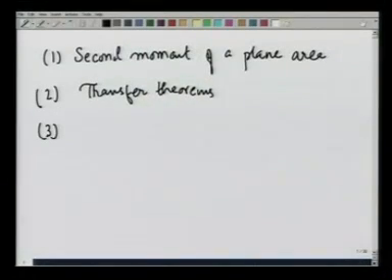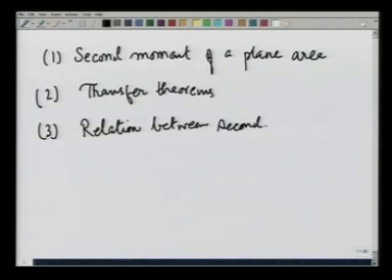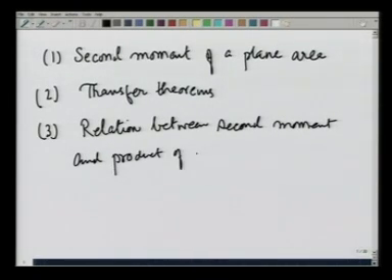3, we will be talking about relation between second moment and product of area.